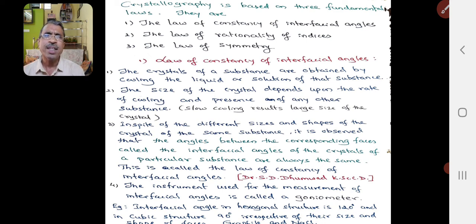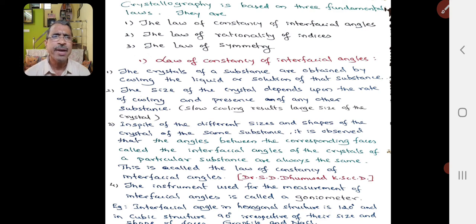What is that inherent character? That is the angle. The interfacial angle remains the same. This is what the third point says. In spite of the different sizes and shapes of the crystals of the same substance, it is observed that the angles between the corresponding faces, called the interfacial angles of the crystals of a particular substance, are always the same.